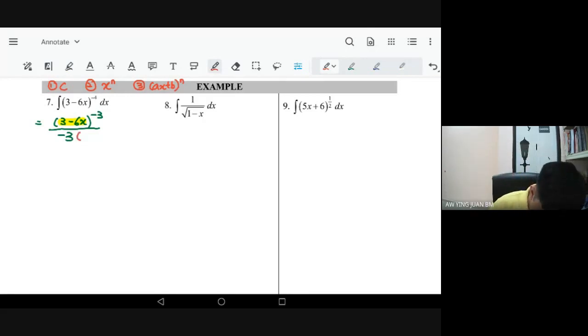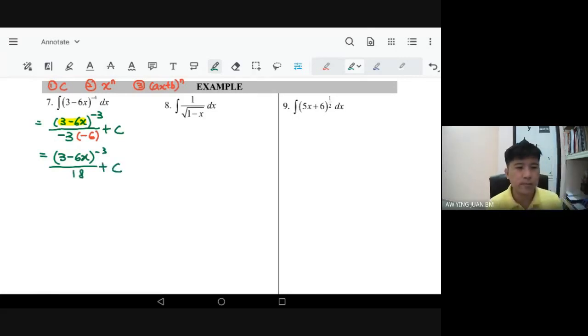So, we have negative 6. And then, plus with the c. Rewrite the answer. 3 minus 6x to the power of negative 3 over 18 plus with the c. So, you kena betul-betul cam dia punya format itu. Dia format apa? Format 1 ke, format 2 ke, format 3. Kena clear.